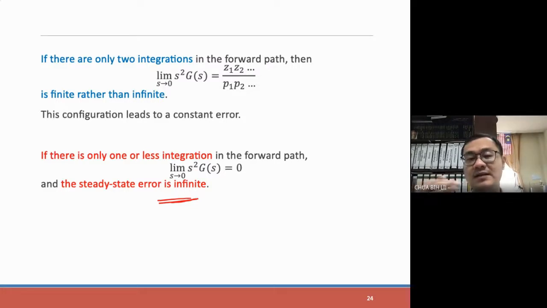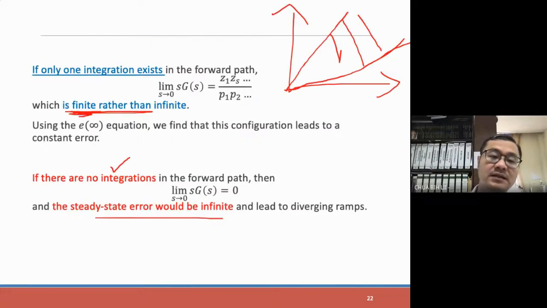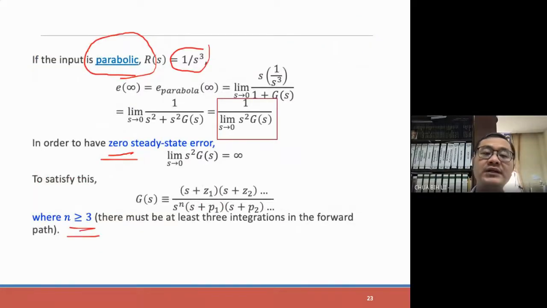So you can see that the requirement gets higher and higher as we increase the order of our input. For the step, the order is just 1 over s, then it increases to ramp, 1 over s squared, and now the order increases to 3, so n must be at least 3.